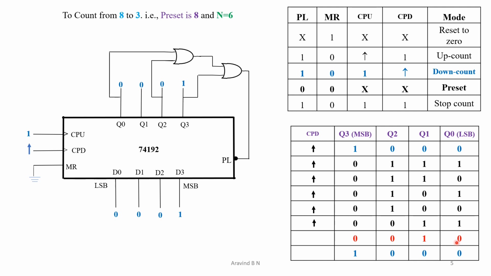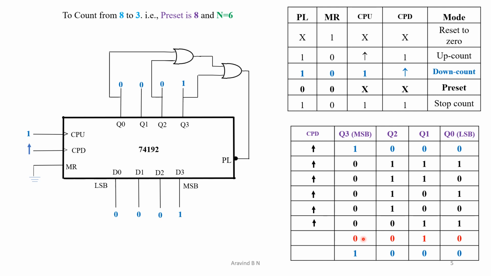So in this case, Q0 is 0, Q2 is 0 and Q3 is 0. So Q0, Q2 as well as Q3 are being considered here in such a way that the combination of the logical gates must provide the output 0 only at this particular instant, not in any other case. So for that we have to identify a combination of gates.